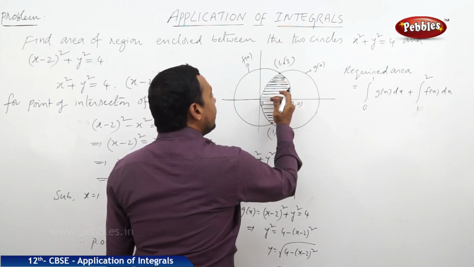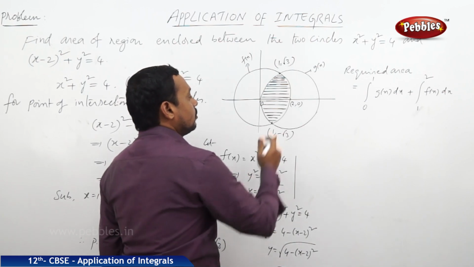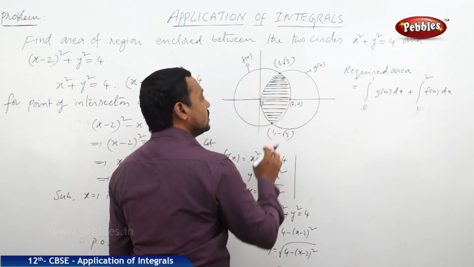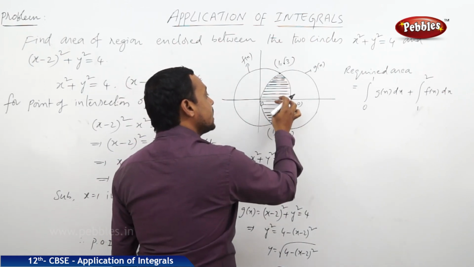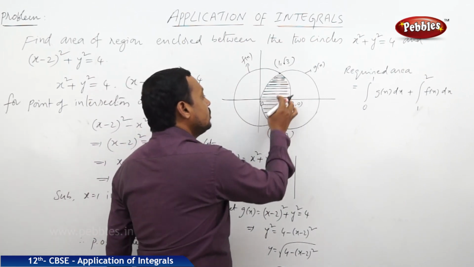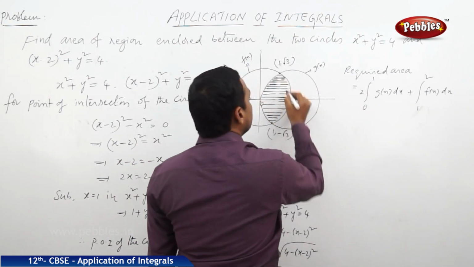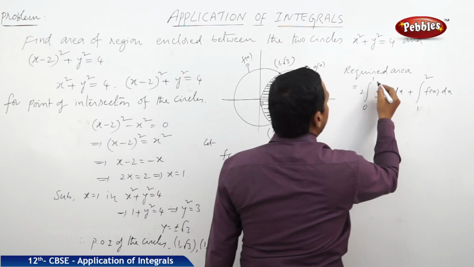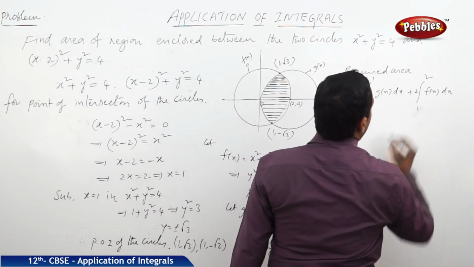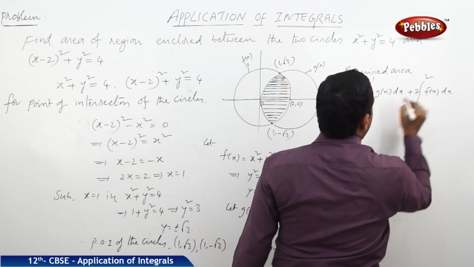But what about below the x-axis? Above the x-axis and below the x-axis, the regions are the same, so they give the same area. Hence, the total area is 2 times integral 0 to 1 g of x plus 2 times integral 1 to 2 f of x. Okay.